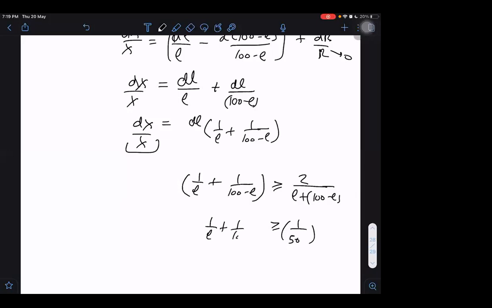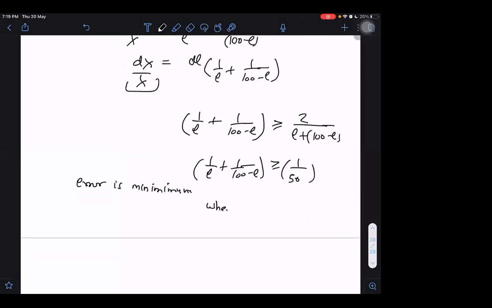So what is the minimum possible value for this error? Minimum possible value we will be getting when error is minimum, when L is equal to 100 minus L, right or not?